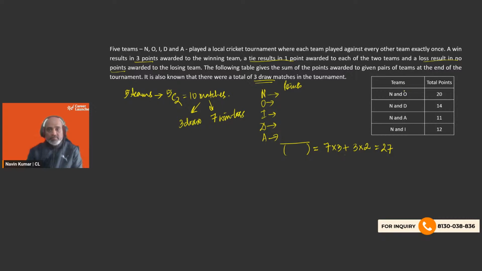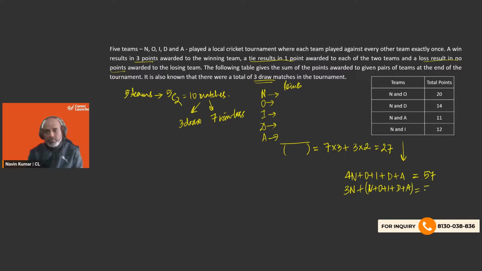And if we add all of this, this is going to give us 4 times (N plus O plus I plus D plus A), and that is going to be 20, 30, 40, 50, 57 points. If we rearrange, we get 3N plus (N plus O plus I plus D plus A).